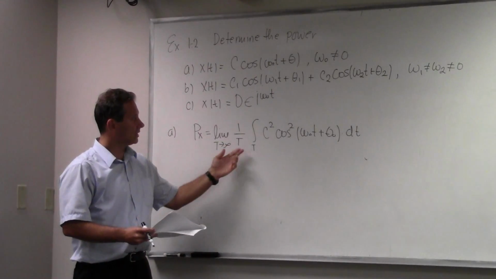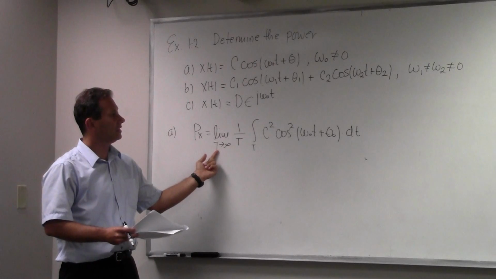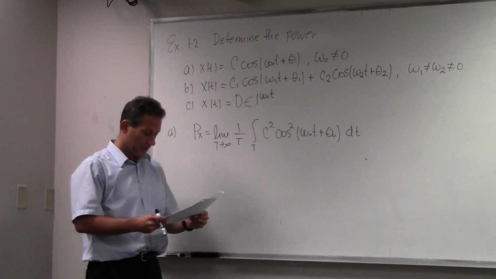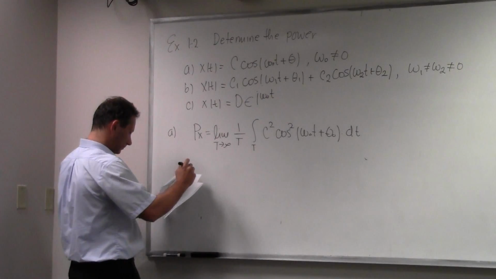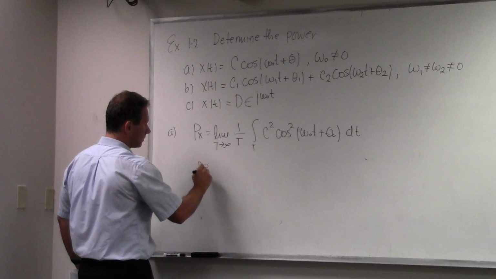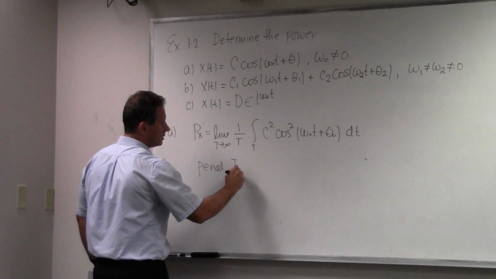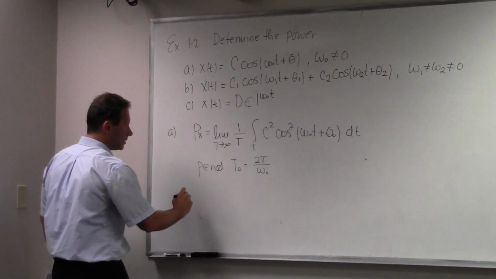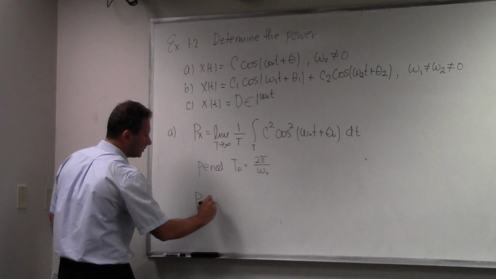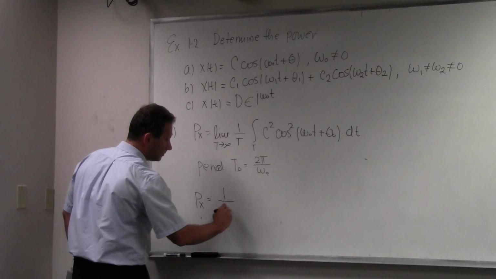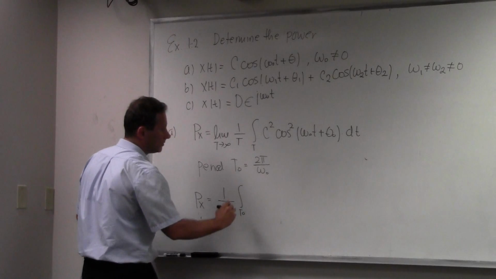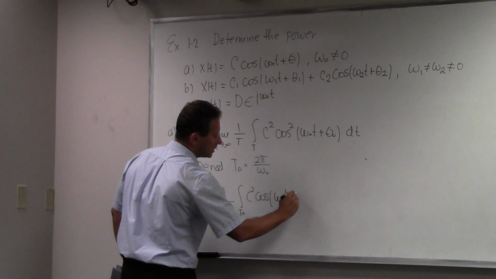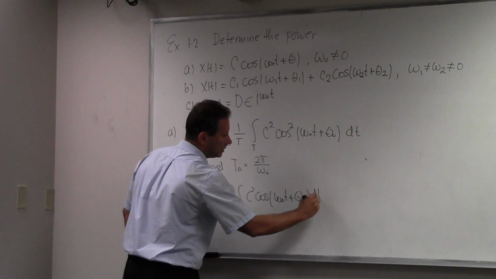So instead of integrating over this t that goes to infinity, I can integrate over the period. The period here, t0, is 2 pi over omega 0. So the power of this signal is 1 over t0, integral over t0, c squared cosine squared of omega 0 t plus theta 0, dt.